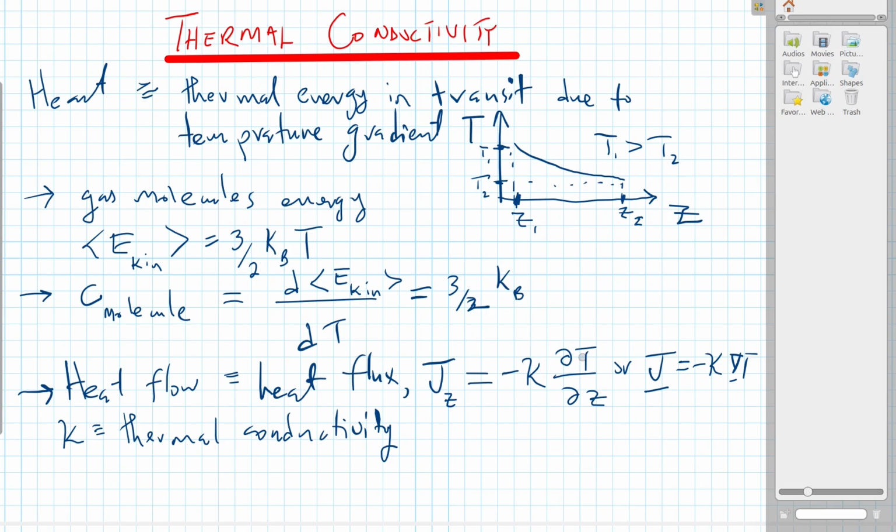So it's some constant that characterizes different sorts of materials or different sorts of gases. Different materials or gases will have different values of this constant depending on how effective or not they are in transporting energy from one point of the system to the other, right?